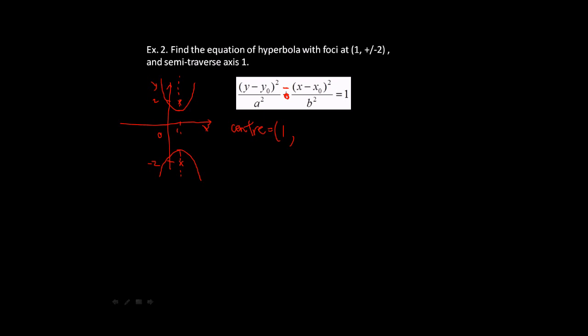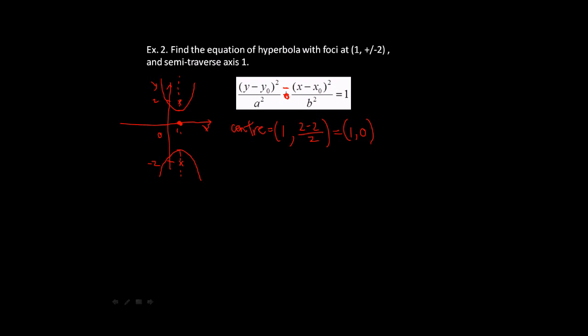So we have 2 minus 2 divided by 2, right? So therefore we have the center with the coordinate (1, 0). If I draw here, it will be somewhere here. This is the center of the hyperbola.